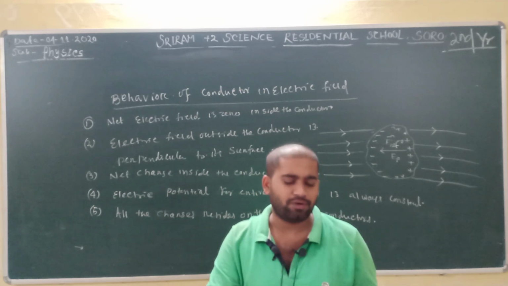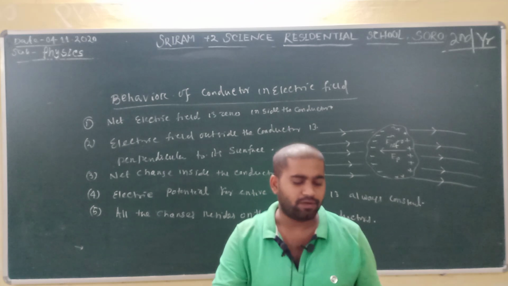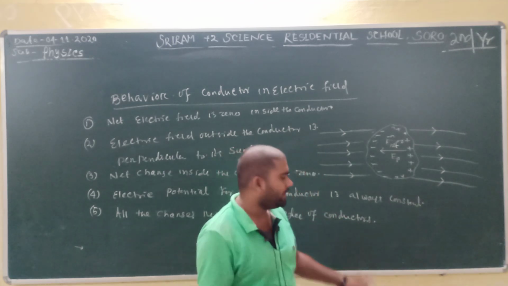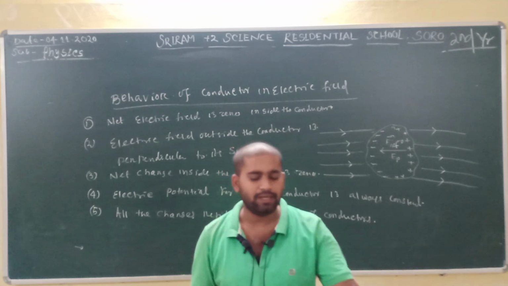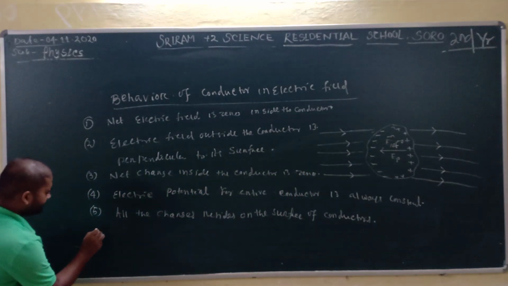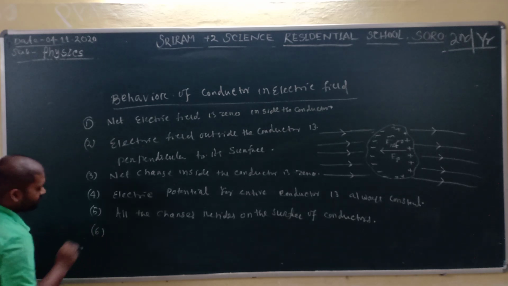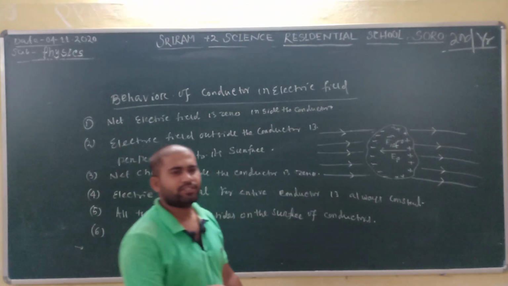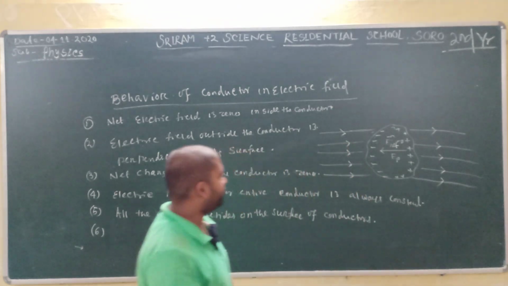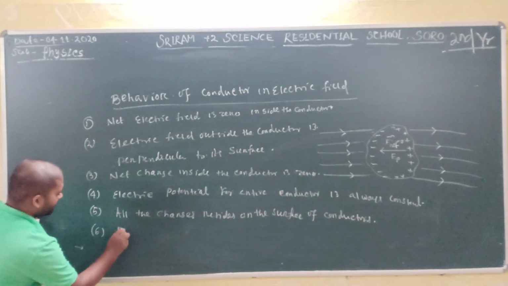So as all the charges reside on the surface of the conductor, we can say the electric field exists at the surface of the conductor.